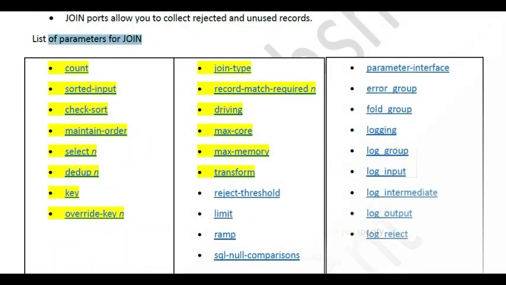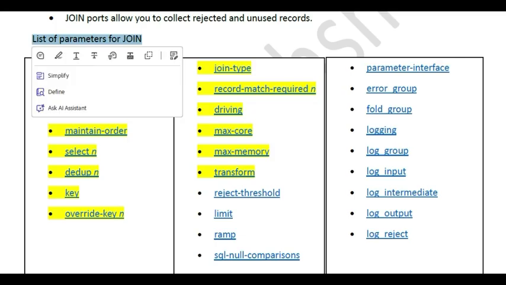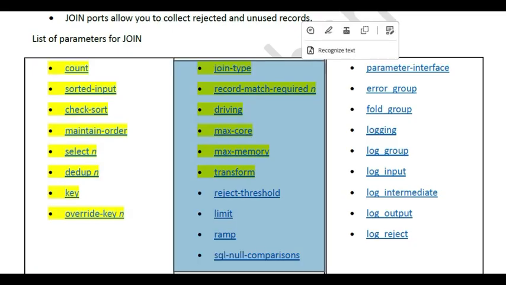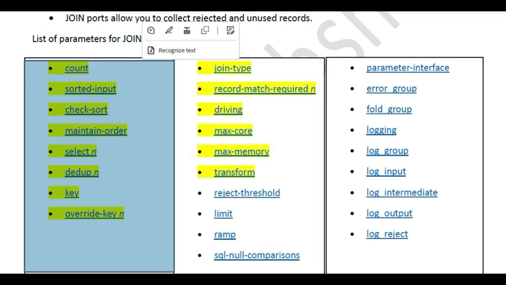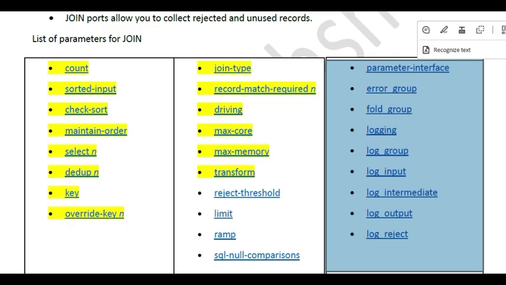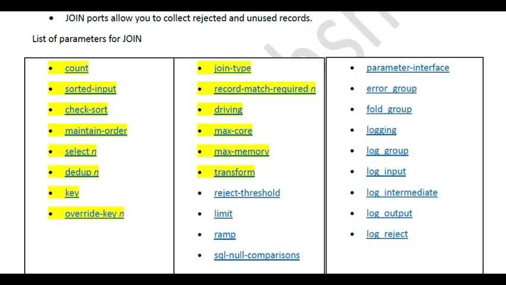Okay, now we discuss the list of parameters for the join component. As the join component provides so many parameters, I have highlighted some important parameters here and we will discuss them in this video. The rest of the parameters are common for most of the components that we use. Also, make a note that I have listed the parameters in a particular sequence.